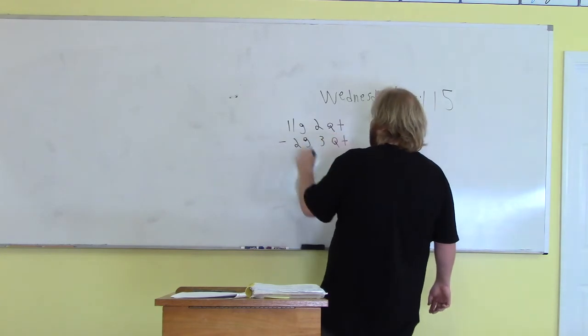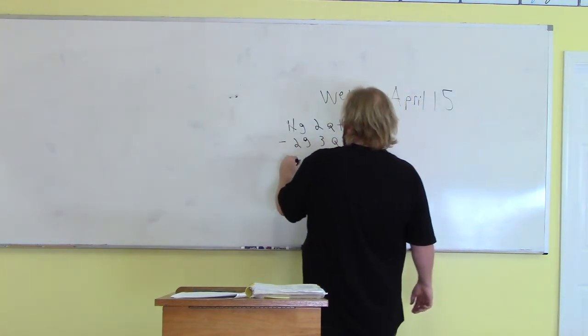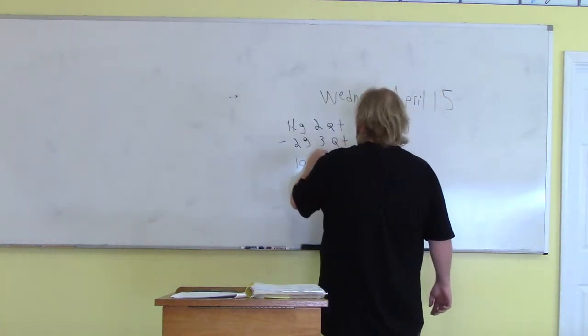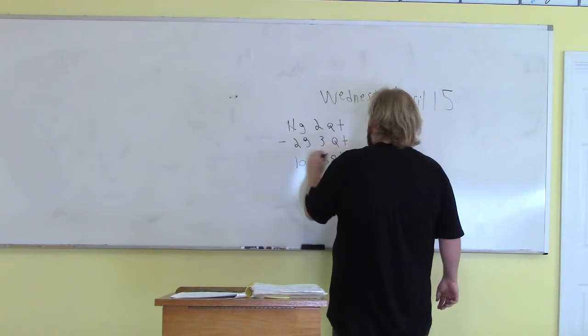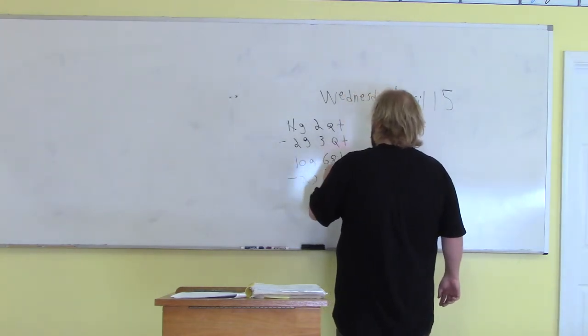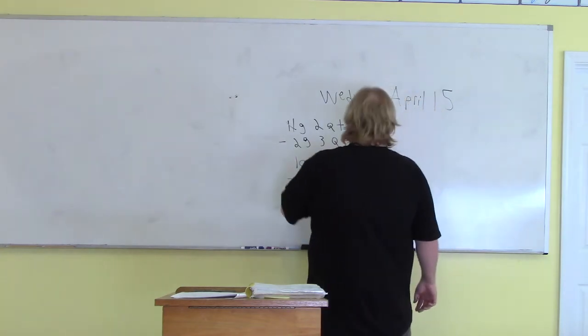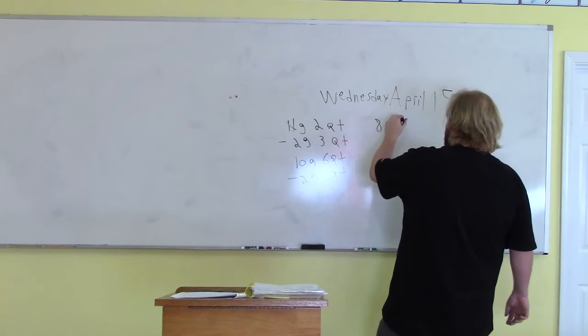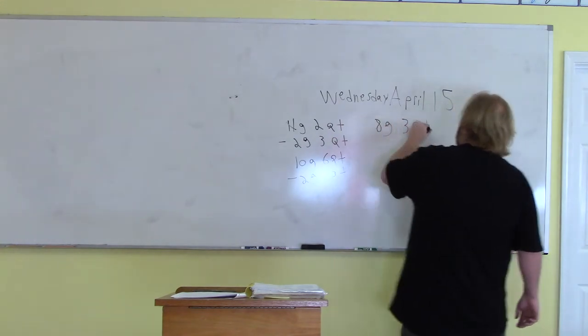Alright, so I'm going to just borrow. So this becomes 10 gallons, and how many quarts in a gallon? That's right, it's 4, so 4 plus 2 is 6. 10 gallons and 6 quarts, minus 2 gallons and 3 quarts. So, 10 minus 2 is 8, so we end up with 8 gallons, and 6 minus 3, and 3 quarts.